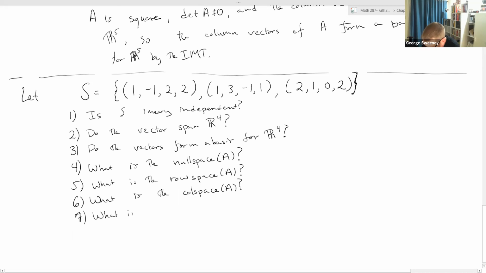Seven, what is a geometric description of the column space of A, row space of A, and null space of A?